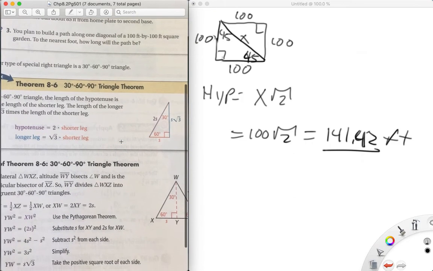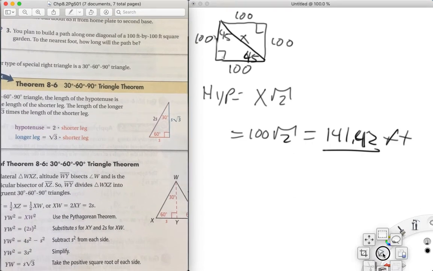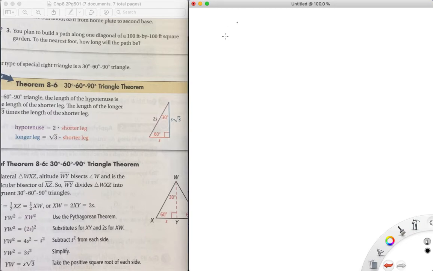All right, so we talked about the 45, 45, 90. There's another type of special right triangle where we don't have to memorize the Pythagorean, and that's the 30, 60, 90 degree right triangle. And with 30, 60, 90, it goes like this. So this is 30.